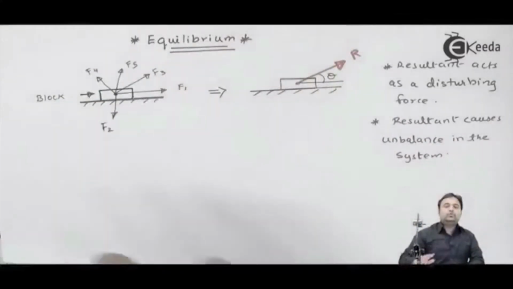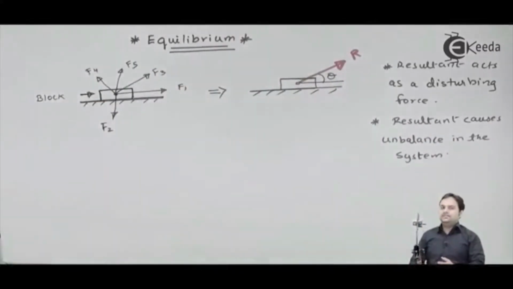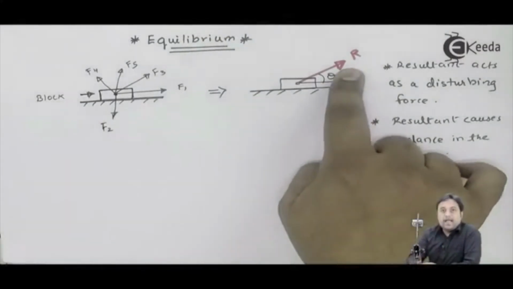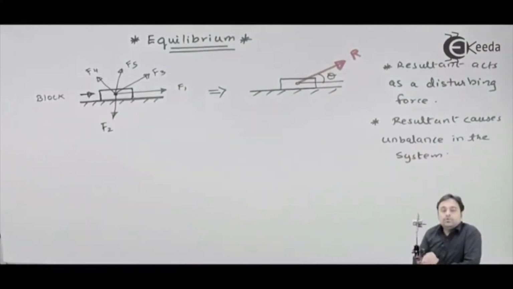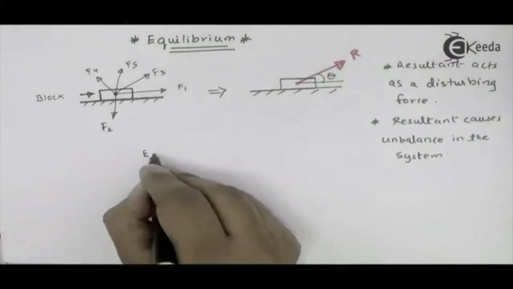If we want to eliminate this unbalanced force, if we want to remove resultant, that is, we want to avoid the disturbance of this block, then we have to introduce one new force which will cancel the effect of resultant, and that new force which cancels the effect of resultant would be called as equilibrant force.